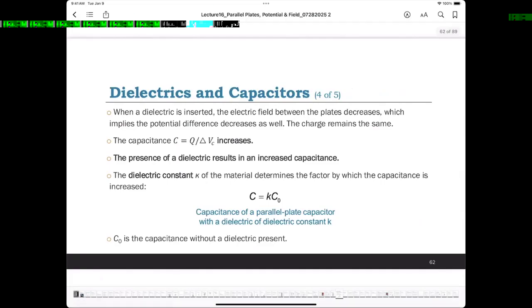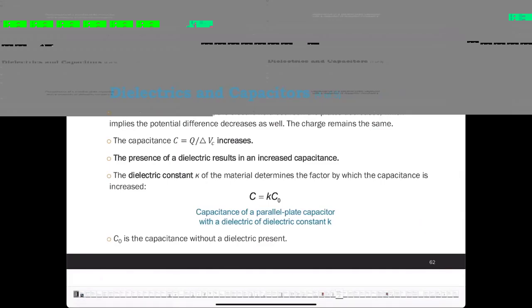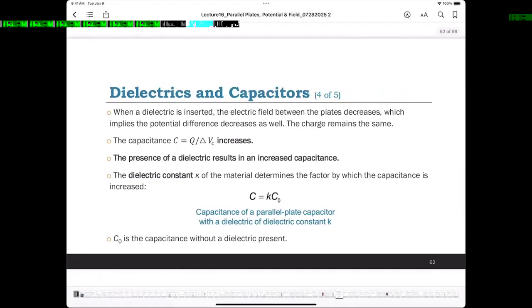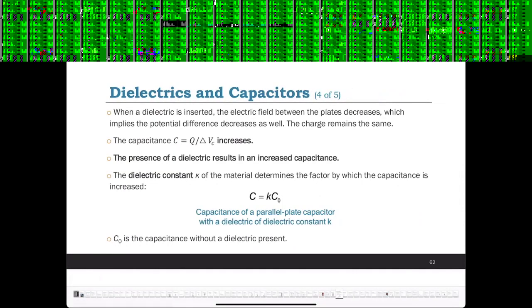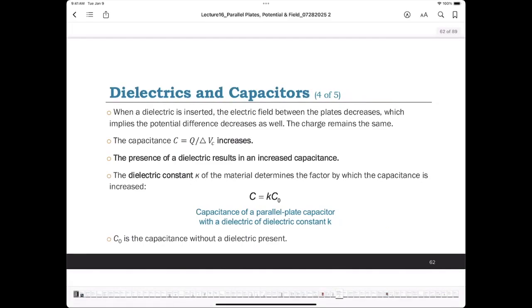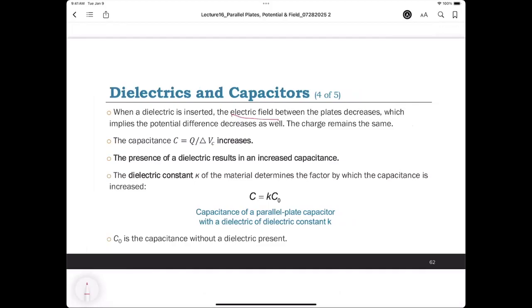When a dielectric is inserted, the electric field between the plates decreases, which implies the potential difference decreases as well. We talked about how if the electric field increases, the potential difference increases. If the electric field decreases, the potential difference decreases as well.